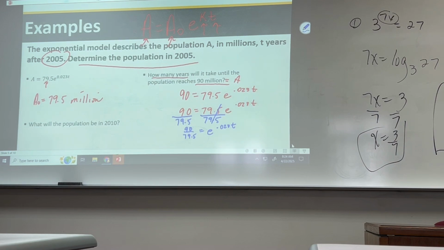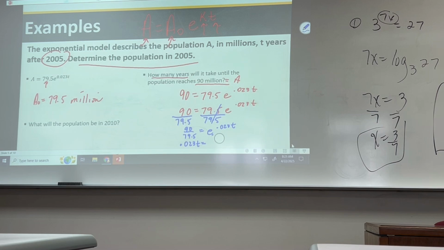Now it's exactly like the problem we did first, isn't it? It's an exponential equation. The exponential factor is isolated. Now just change it to log form. How do you write this in log form? Let's just do it in the inverse. When I write that in log form, it's just exponent, so 0.023t equals log base what? What's getting raised to the power? e.